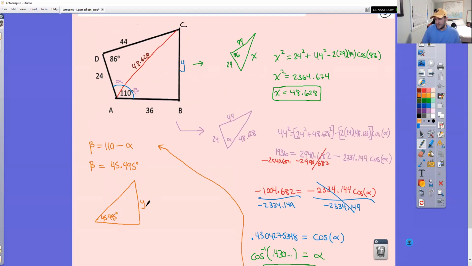So that's the thing that I'm calling Y over here. To find it, we'll have to use the thing that we found earlier, the thing that I called X, 48.628. And we'll use the 36. So again, it's sort of just a series of many, God, the dog. Anyway, we can solve from here.